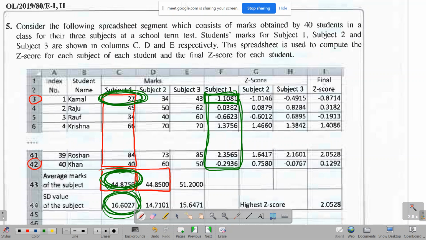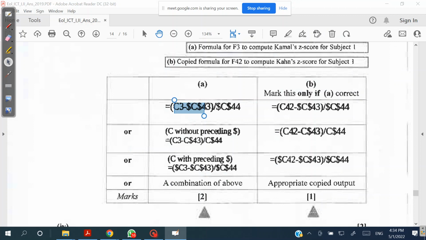As you can see, the marks for the subject can vary, so we can't make that absolute. Right, and these two are common for every one of these subjects. So that is why they were making it absolute, right? $C$43 divided by $C$44. It doesn't matter if you write it like $43 divided by $44 because it's the same column. Nothing is going to change.